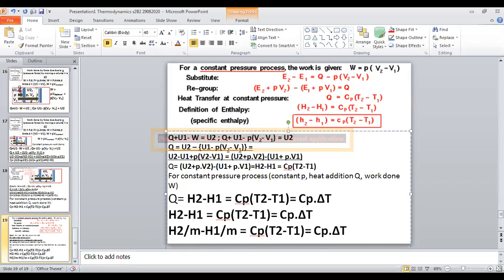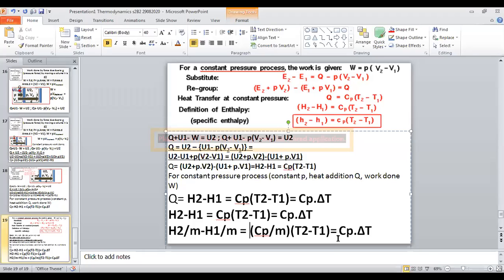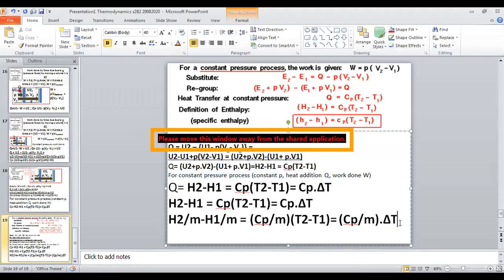Here Cp by m, this is separate, times (T2 minus T1). So Cp by m (T2 minus T1), or Cp by m times delta T.